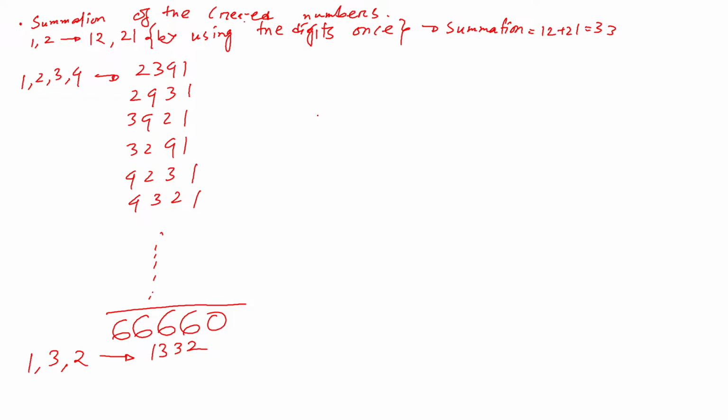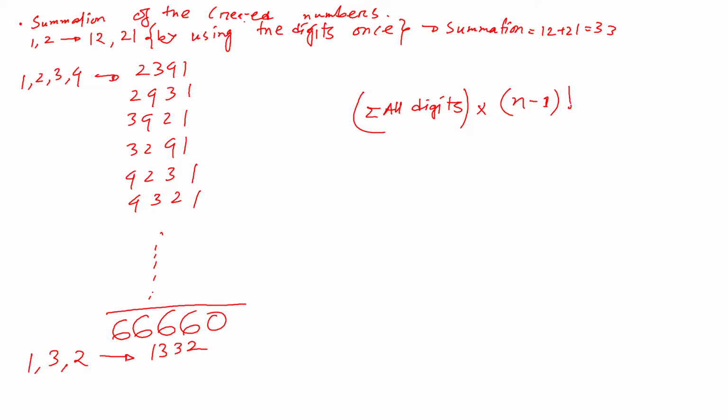Whenever you are trying to get the summation of all this, what you have to do is sum all the digits, times (n minus 1) factorial.